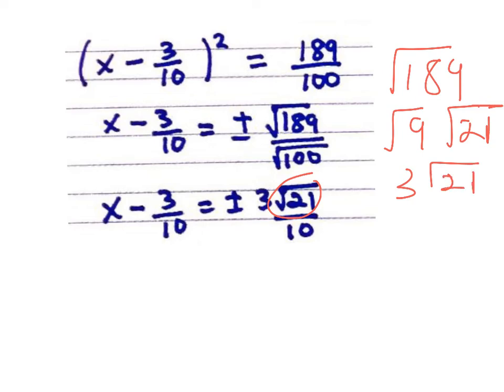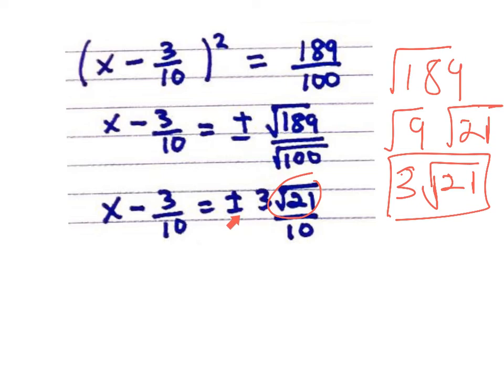This really requires us to use a lot of knowledge that we learned previously. So 3 root 21, that's how we got the 3 root 21 over there. And the square root of 100 is 10. The square root of 189 in simplified form is 3 root 21.